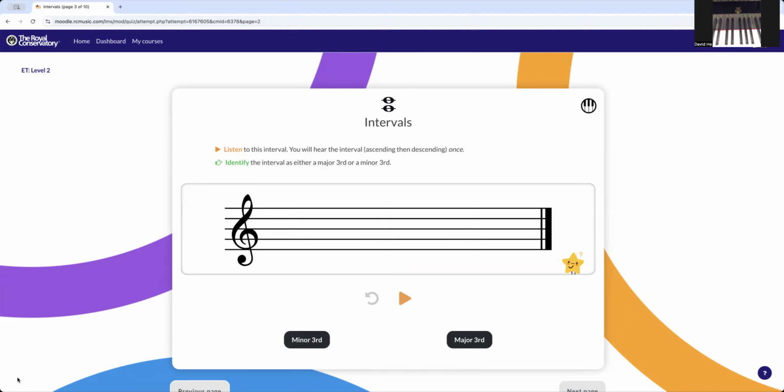Now we're going to write it down. First one is G, and then B, and then back to the G. So this one is ascending, and this one is ascending and descending, both sides going up or going down. What is that? Is it major or minor?